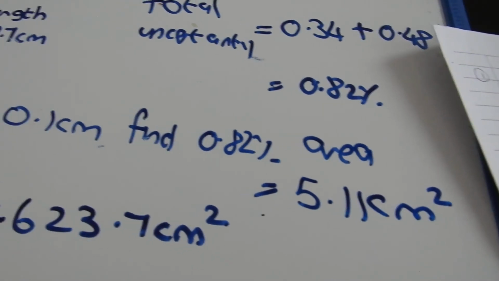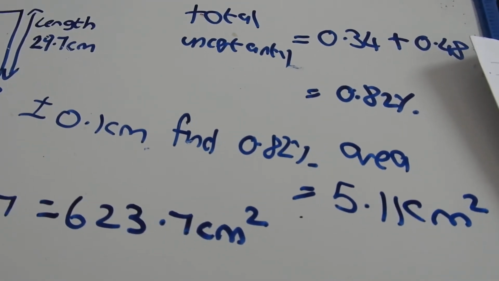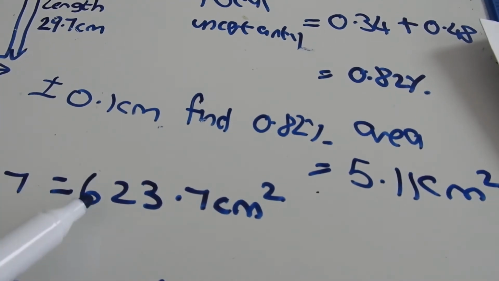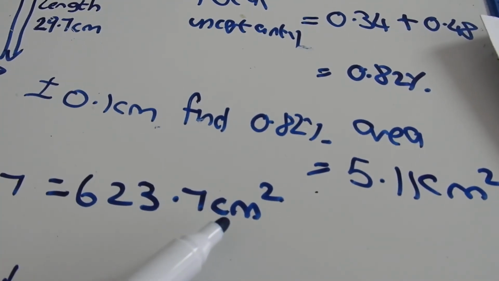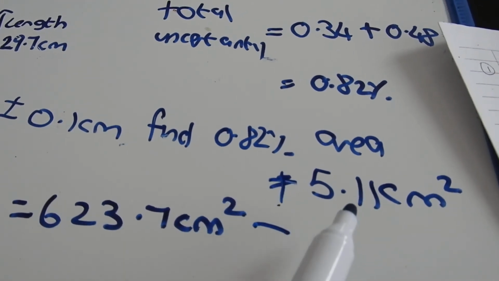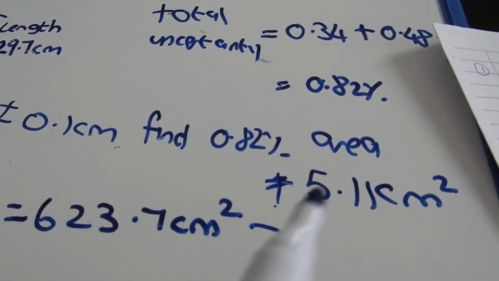So if I was asked what is the area of a page and the uncertainty, my area is 623.7 centimeters squared plus or minus 5.11 centimeters squared.